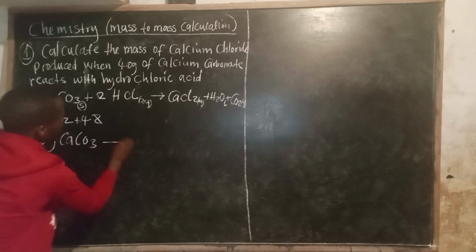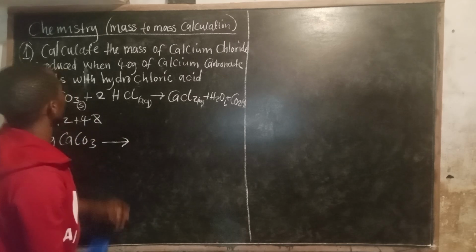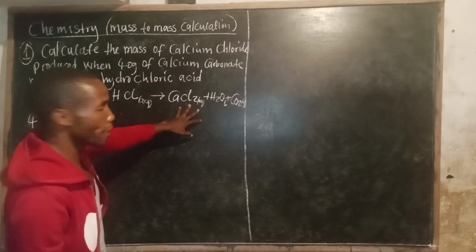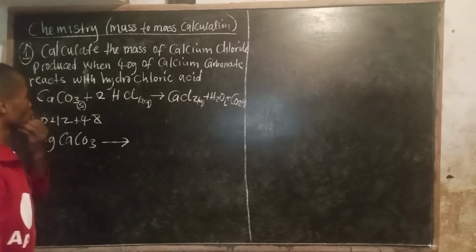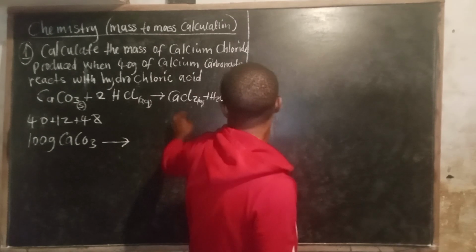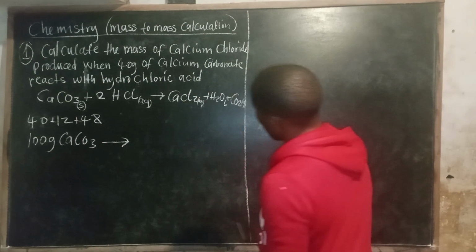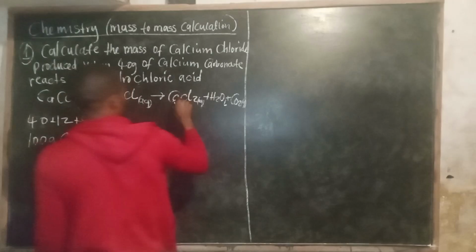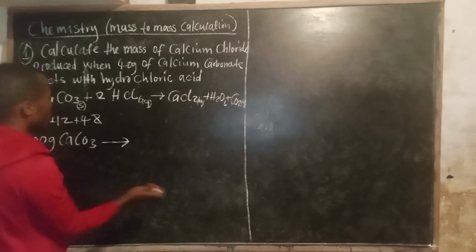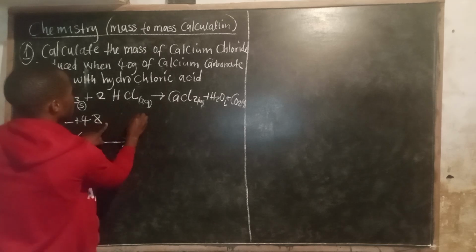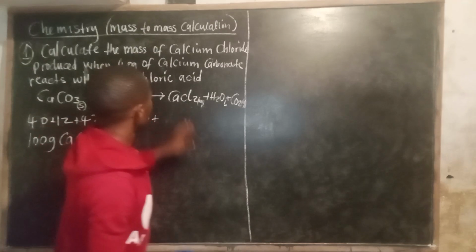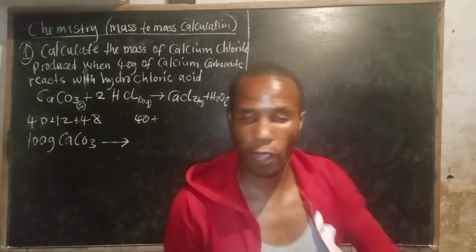What are we trying to find? The mass of calcium chloride. So is equivalent to how many? The mass of this calcium chloride. So here, the mass number for calcium is 40, plus chlorine, 2 atoms of chlorine.